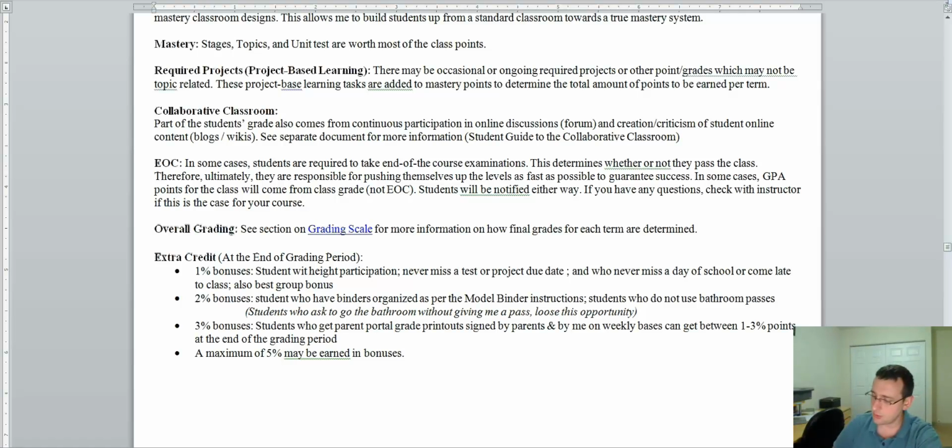And then usually you can get up to a 10% boost on your grade by doing this. It's what I call the participation grade, and you can also get participation points thrown into there as well. All right, and I have a special video lecture series that talks about what the collaborative classroom is, why I do it, and how it works. Make sure you watch that so you can know how that works, on a separate video.